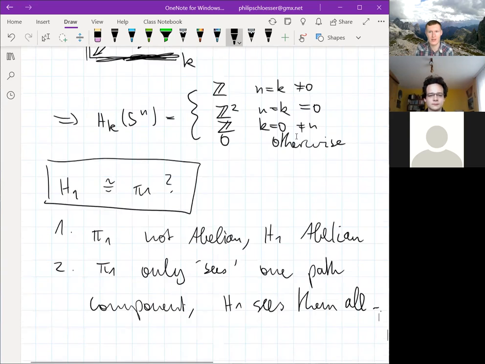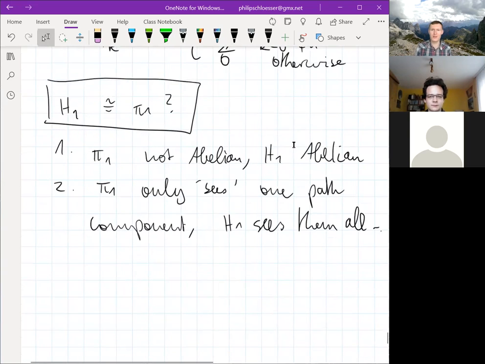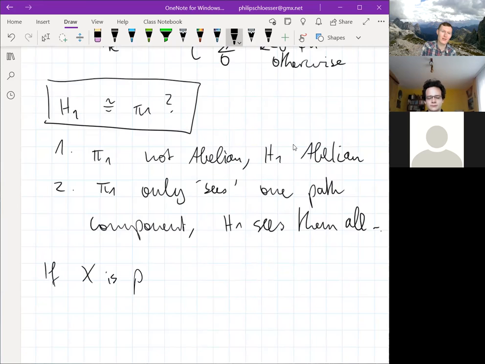But it turns out that those are really the only 2 obstructions that stand in the way. Or put differently, if x is path connected, so if there is only one path component, then H1 is, well, not the fundamental group, but its Abelianization.